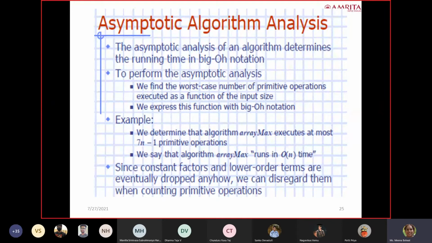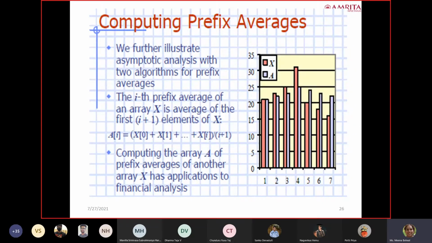With that we will do our next example, where we will not bother about each and every single operation. We are going to take an example known as prefix averages.